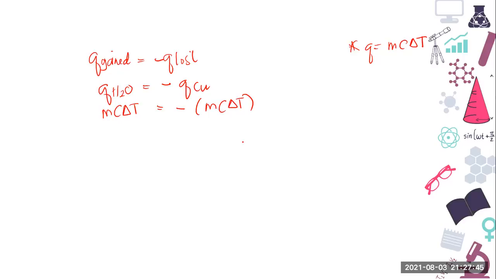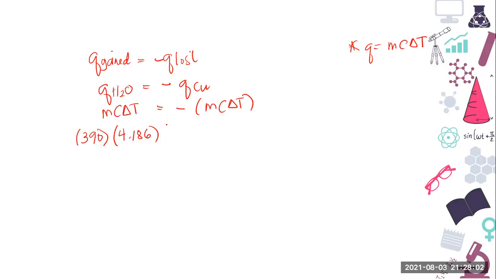But I'm doing this the long method so that you can see it also. So I'm going to plug in the values for water, which is the mass of water is 390, and then the C of water from the table is 4.186.